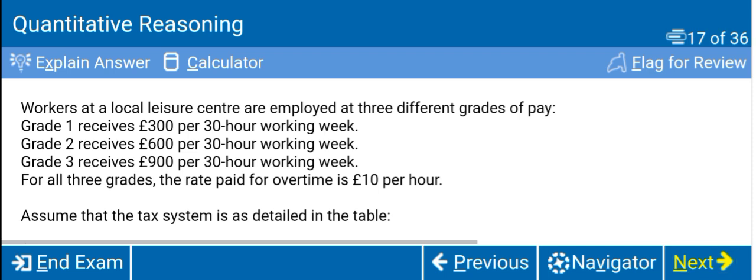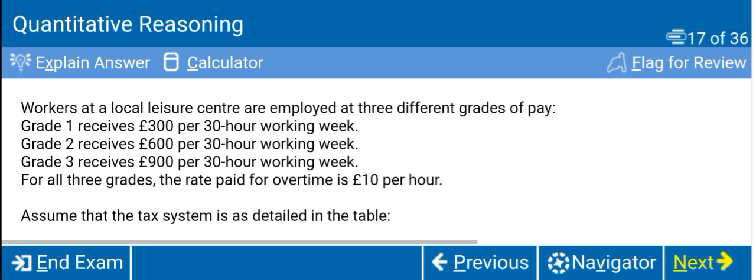Next question we have, that is question number 17. Workers at a local leisure center are employed at 3 different grades of pay. Grade 1 receives £300 per 30-hour working week.